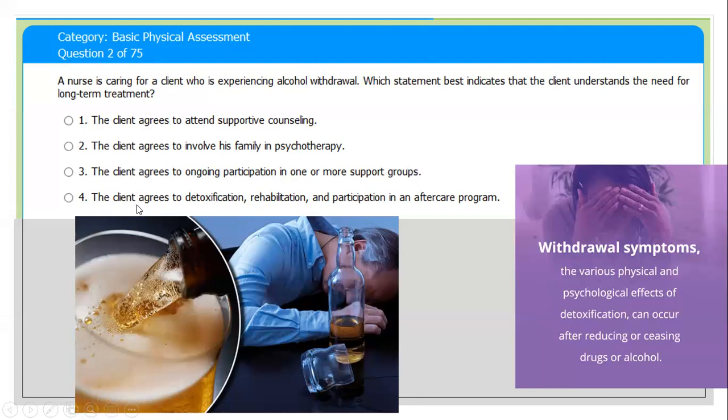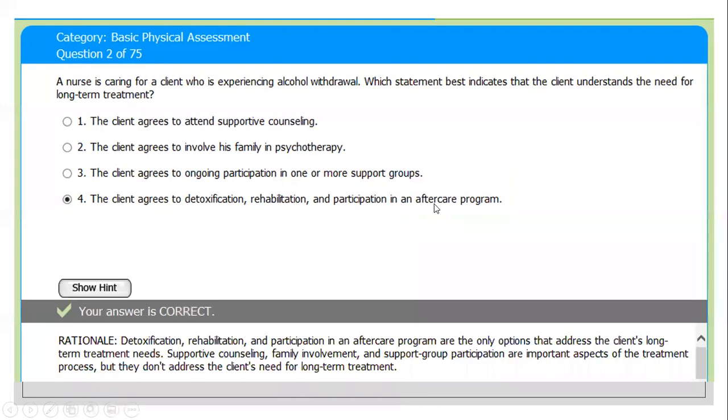Number 4, the client agrees to detoxification, rehabilitation, and participation in an aftercare program. So the best answer is number 4. The client agrees to detoxification, agrees to rehabilitation, and participates in an aftercare program.